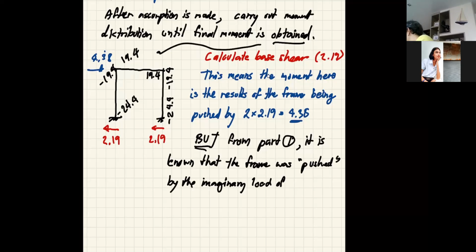Oh, what's the number? 0.82. So let's say, simply put, we need to assume the number and hope that we would hit this number. And so we want 0.82, but we have the moment caused by 4.38. So what do we do?